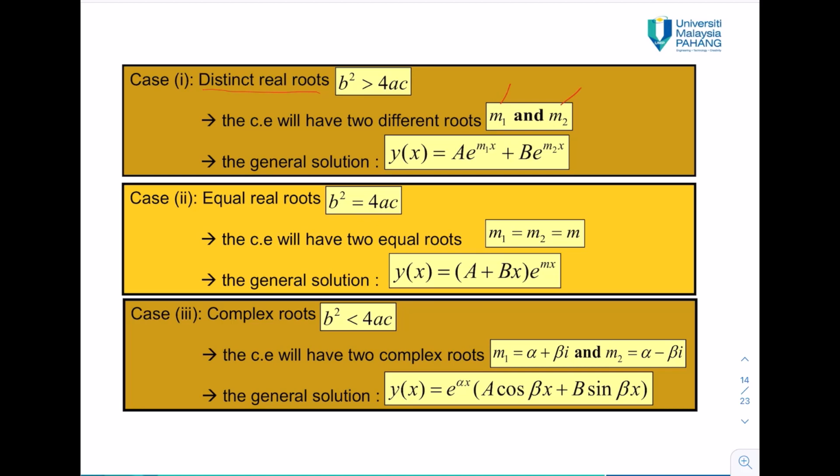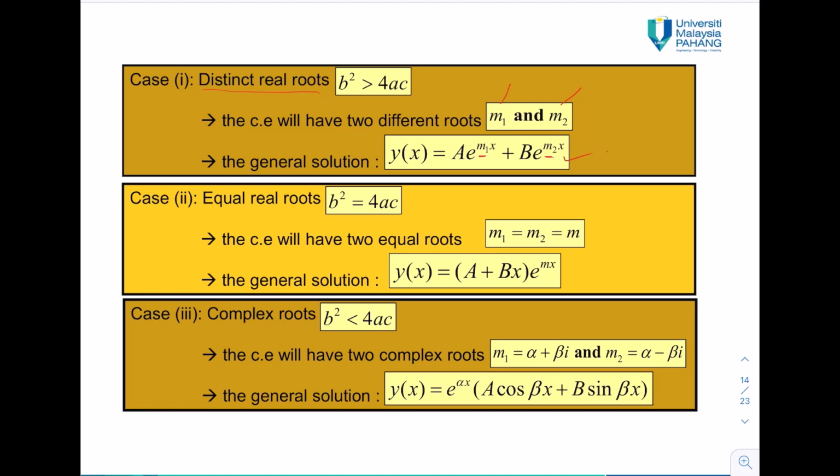Then the general solution will be y of x equals a e to the m1 x plus b e to the m2 x. If you notice, we have m1 over here, m2 over here. As easy as that. So this is your general solution.